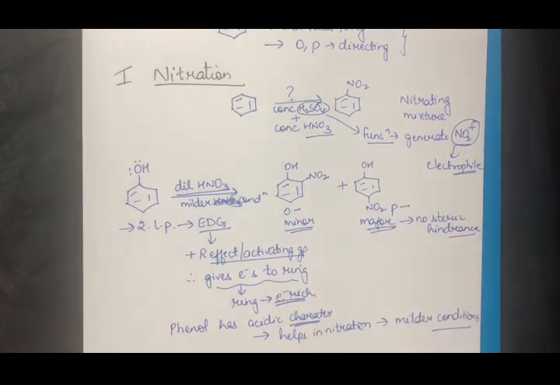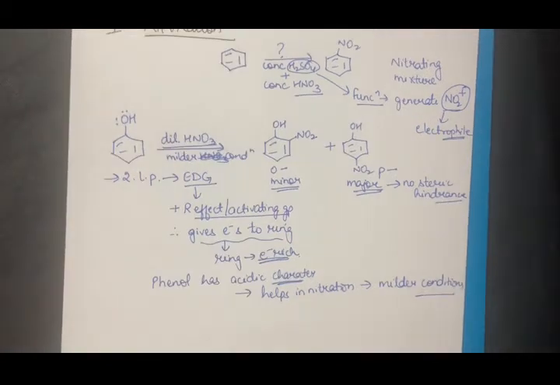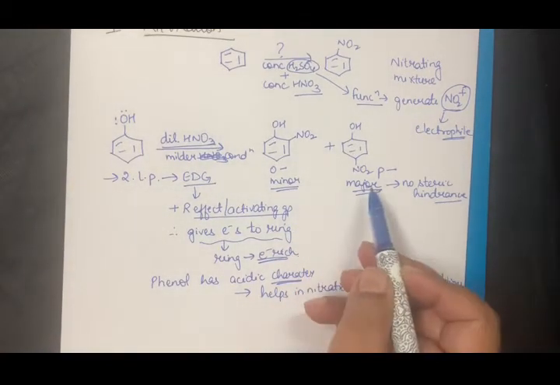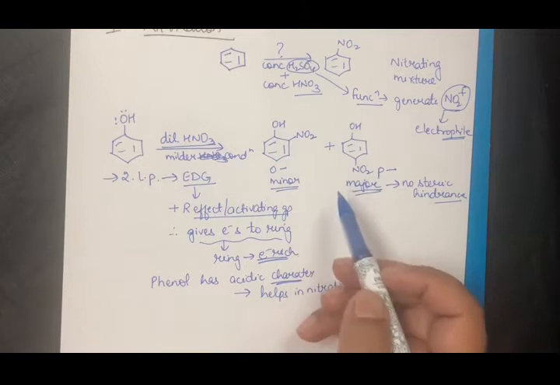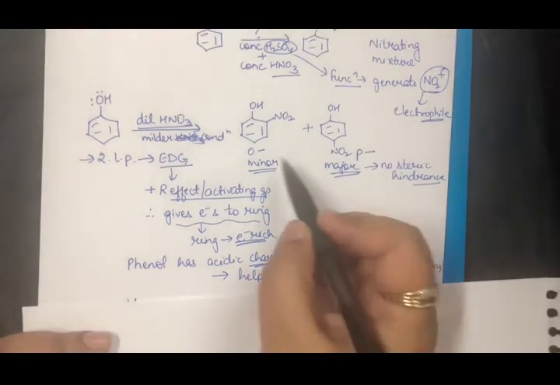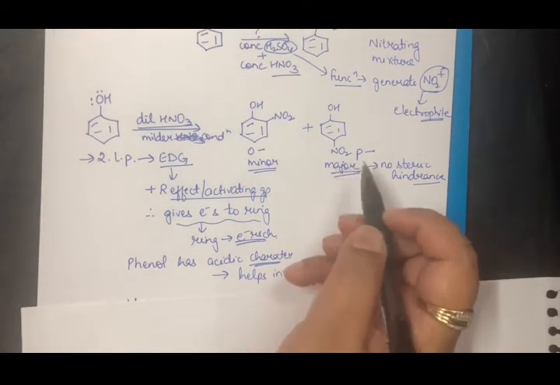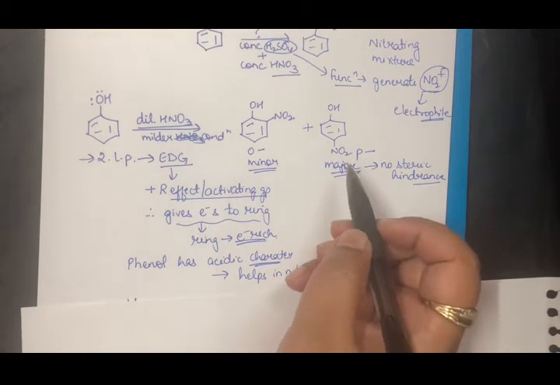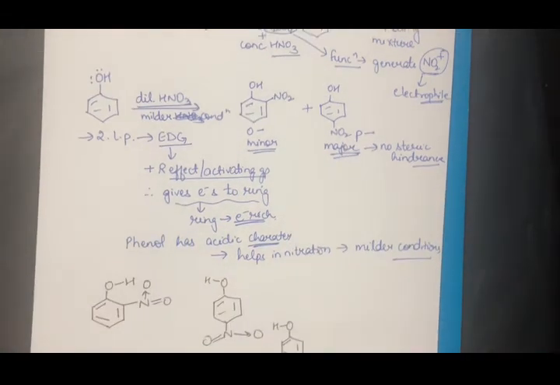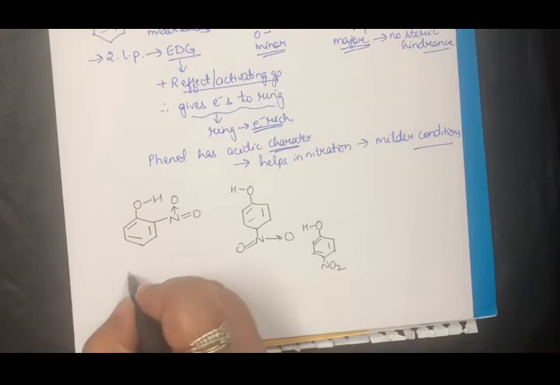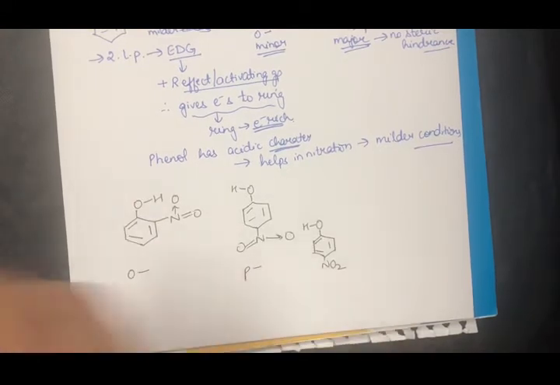Now there is a technical glitch when we talk about how to separate the minor and the major, or the ortho and the para product. Understand how we will separate them and what is the basic difference between these two. Now this is my ortho product and this is my para product.